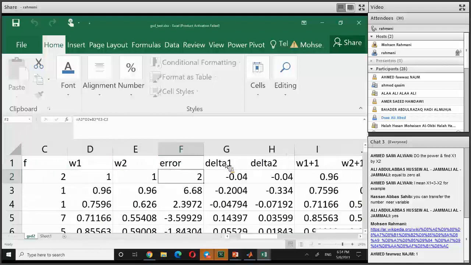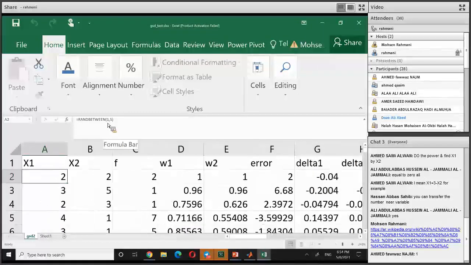Forget about this minus. This minus is used because I have calculated the error incorrectly. I have used the minus to correct this because the error should be calculated as f minus w in x1 plus w in x2.